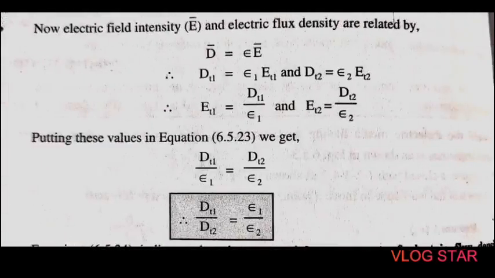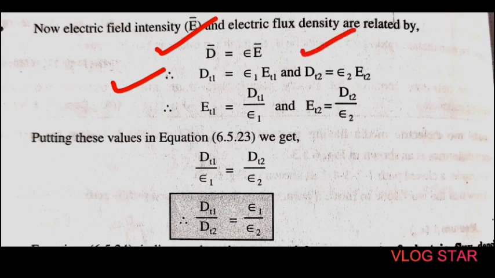They are related by the equation D bar is equal to epsilon E bar. For the first medium we can write Dt1 is equal to epsilon 1 Et1, and for the second medium the electric flux density is given by Dt2 is equal to epsilon 2 Et2.